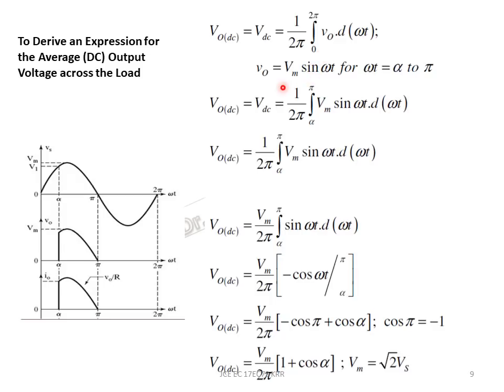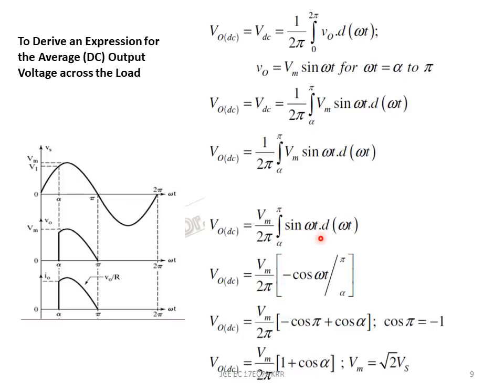So what we'll do is take the same formula and write VDC equal to 1 upon 2 pi, integration from alpha to pi, because it will conduct only from alpha to pi. And V naught is the same as Vm sin omega t d omega t. Now if I integrate this equation, bring this Vm outside: Vm by 2 pi, integral from alpha to pi of sin omega t d omega t.